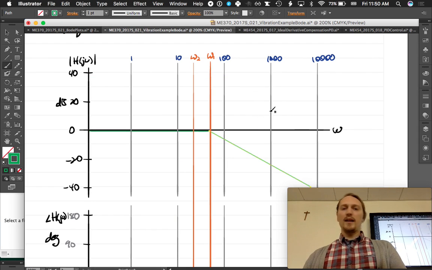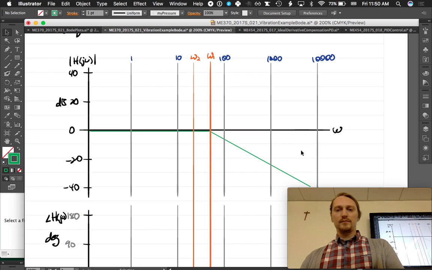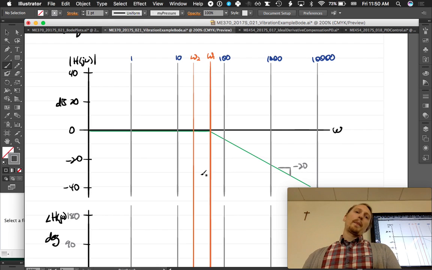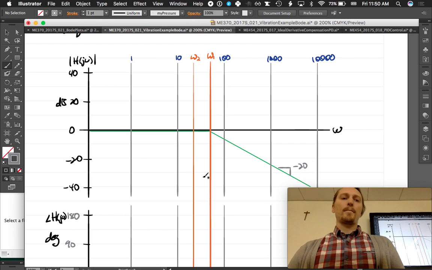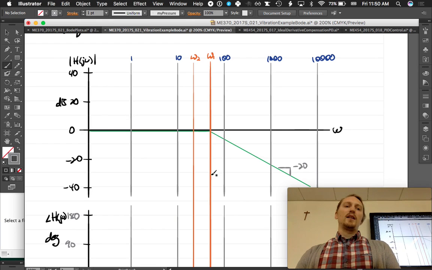And the slope of that line is negative 20. What is that ending at, negative 40 or so? So I said, okay, from here down to negative 40 is 40 dB.